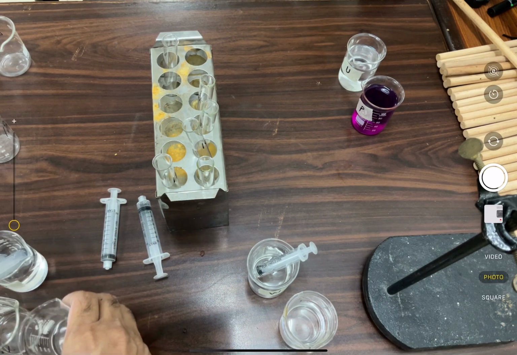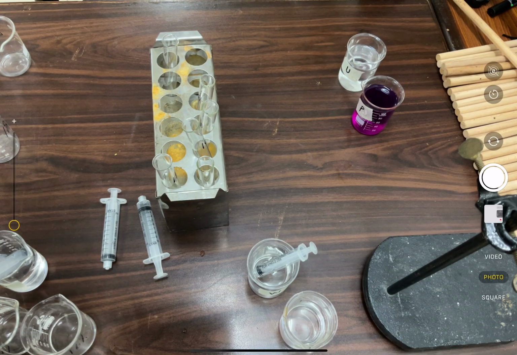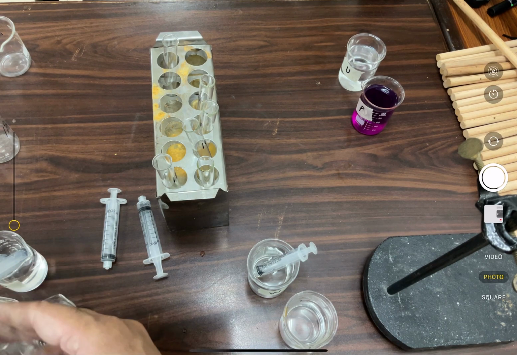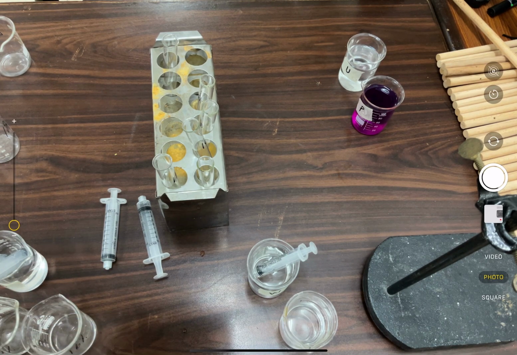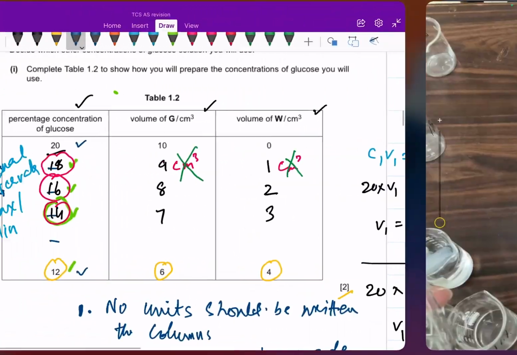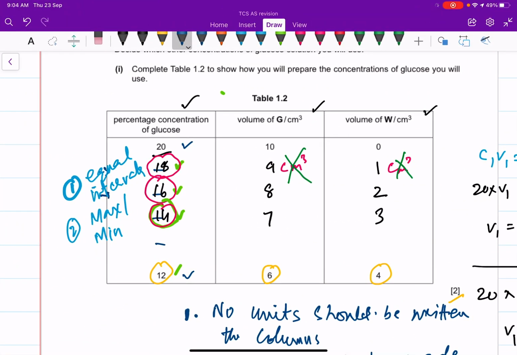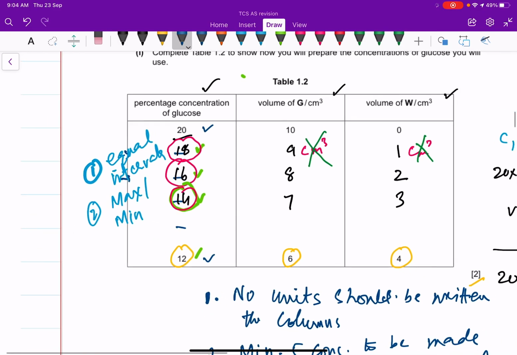Okay. Similarly, to prepare 14%, the next volume, 7 cm cube of G and 3 cm cube of distilled water have to be added into it.